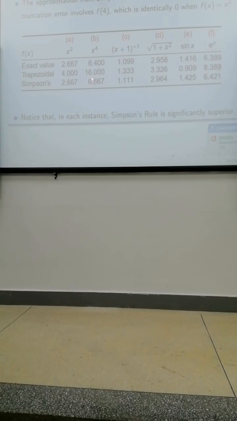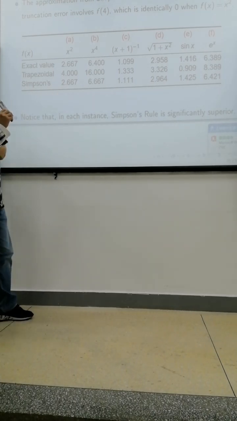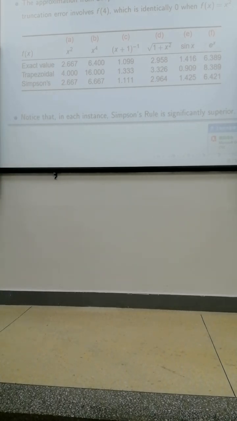This is the approximate value, and this is the exact value. It seems Simpson's rule is more accurate than the trapezoid rule, right? So Simpson's rule has less error, it seems.